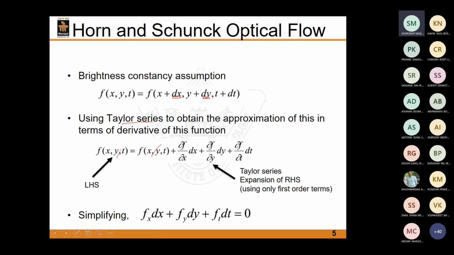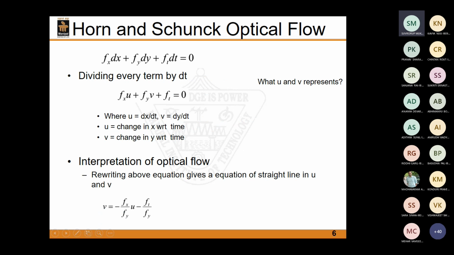Now you can divide each of these terms by dt. What I get is fx dx by dt plus fy dy by dt plus ft dt by dt is equal to 0.